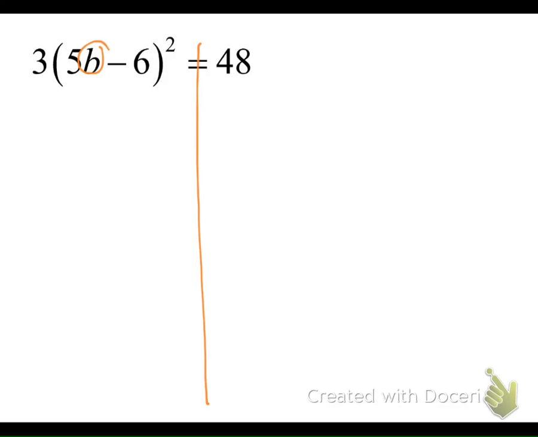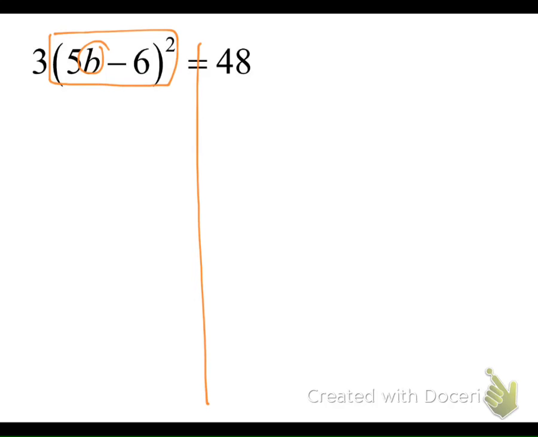What's step 1 tell me to do? Box what? What's being squared here? What else? Yeah, everything in that parentheses. So I'm going to box everything in the parentheses.